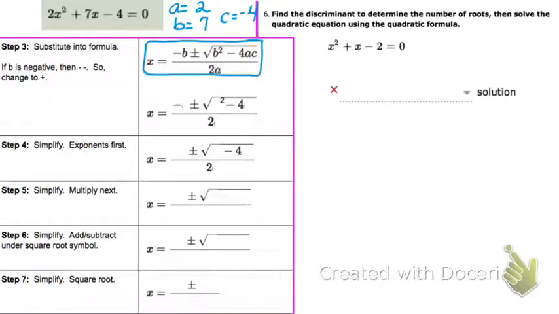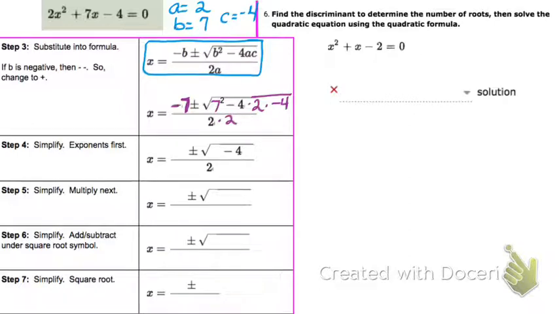The first step is just to substitute in your A, B, and C. So it says negative B. Well, my B is 7, so I have negative 7, plus or minus the square root of B squared. So that's 7 squared minus 4 times 2 times negative 4, all of that divided by 2 times A, so 2 times 2.